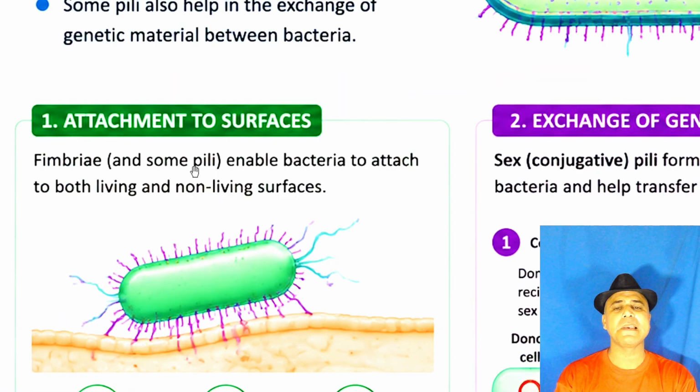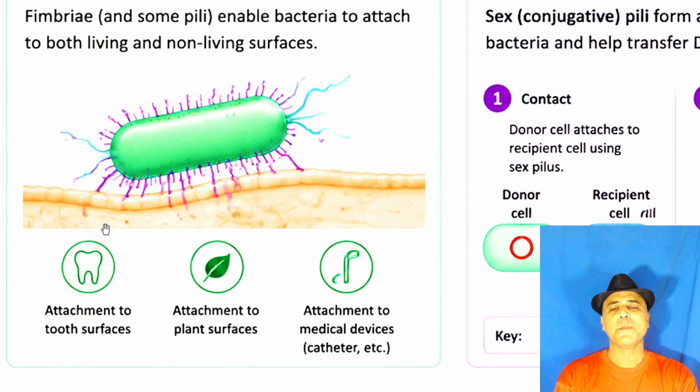Fimbriae and some pili enable bacteria to attach to both living and non-living surfaces. By these, bacteria can attach to tooth surfaces, plant surfaces, and medical devices.